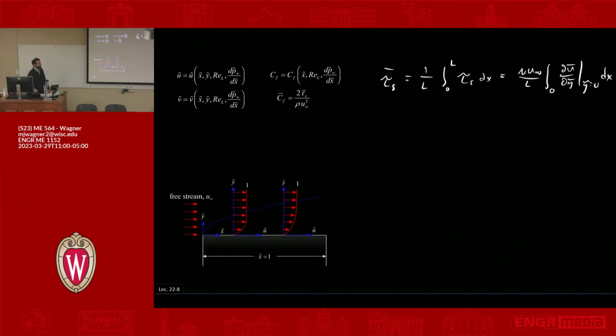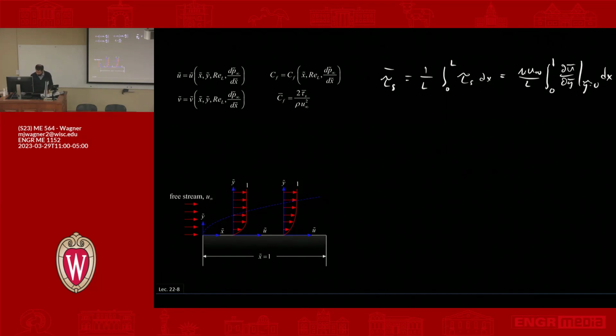So we were integrating from 0 to L, but once we've non-dimensionalized it, what do we have to integrate from? 0 to 1, right? Because that's going to be the full extent. Okay, so we're writing this out for our average shear stress condition.